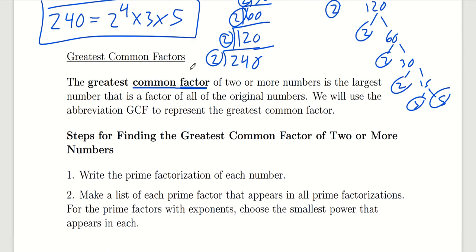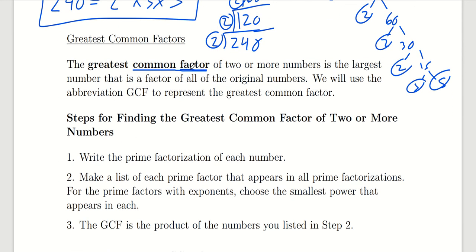So as an example, let's say the number 24 and the number 18. We could find all of the factors of each of these numbers. For example, 18 would have factors of 1, 2, 3, 6, and 9. So those are all of the factors of 18. The factors of 24, we did that earlier.